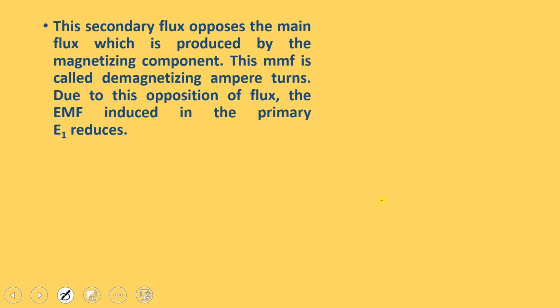This secondary flux opposes the main flux which is produced by the magnetizing component. This MMF is called demagnetizing ampere turns. Due to this opposition of flux, the EMF induced in the primary, E1, is reduced.